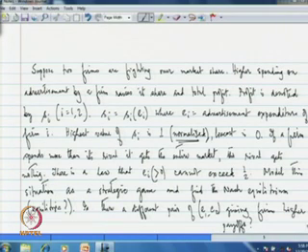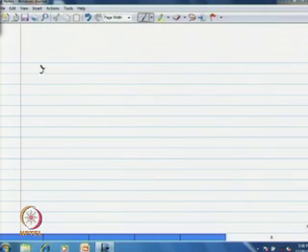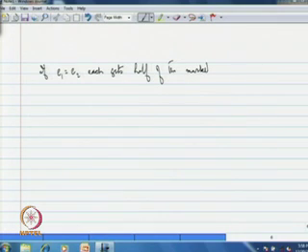One more point: if E1 is equal to E2, each gets half of the market share and profit.